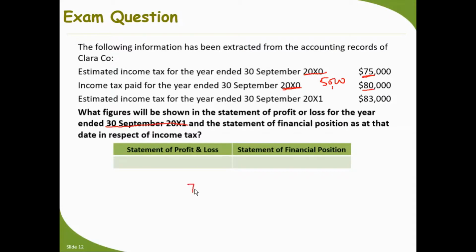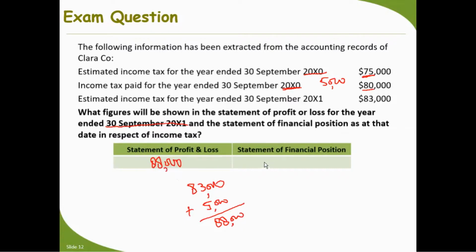So what is the statement of profit and loss charge? The estimate for the current year period is 83,000, plus under provision of the previous period 5,000. So the total is 83 plus 5 equals 88,000. So this is the statement of profit and loss charge.